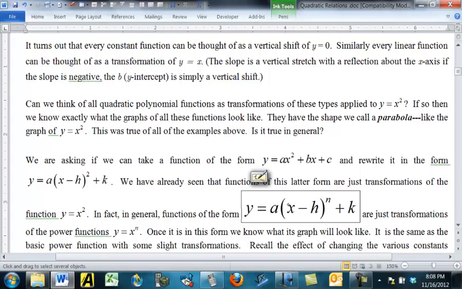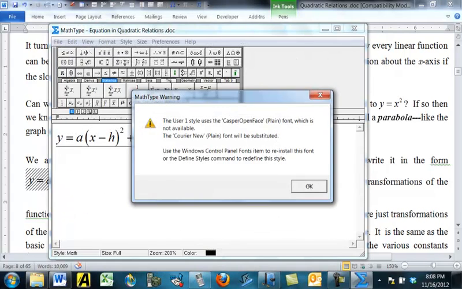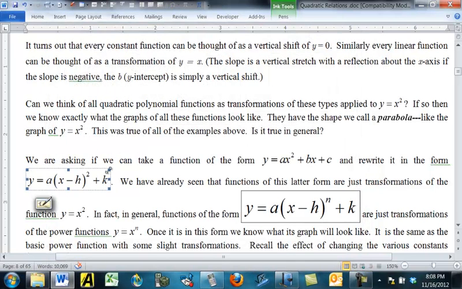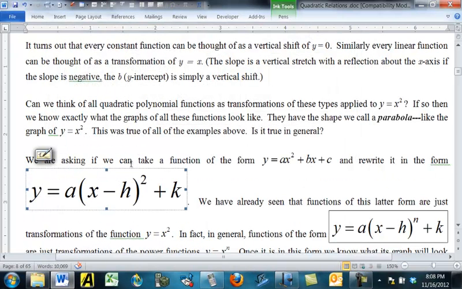Okay, well, if the n is square, anything that looks like that is going to be a transformation of y equals x squared. Or in general, anything that looks like y equals a times x minus h to the n plus k is going to be a transformation of the power function y equals x to the n. We've looked at transformations of power functions already.